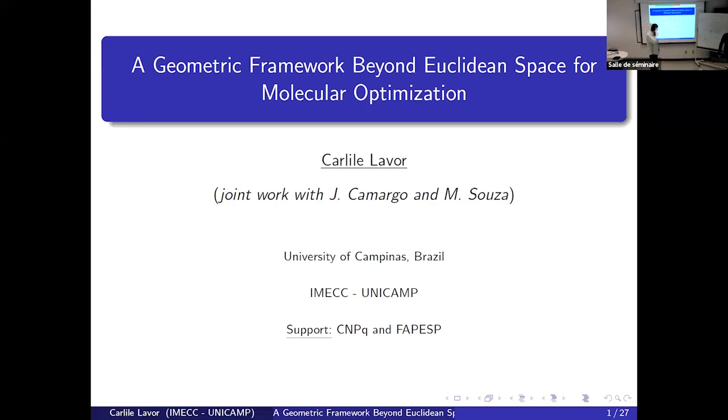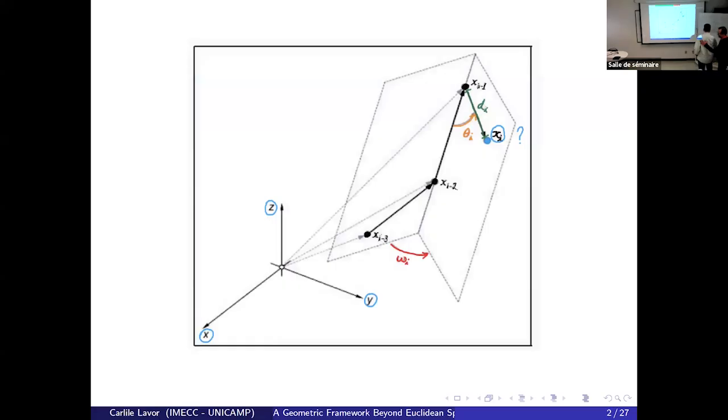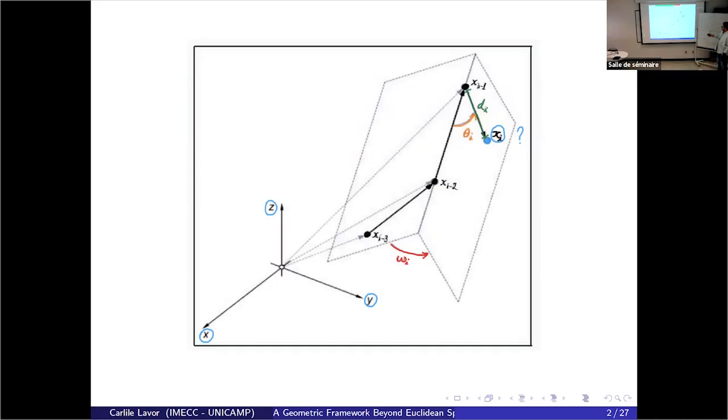So first we have to represent atoms, which we will represent as points in R3. In order to compute interatomic distances, first we have to choose a way to represent the atoms. Instead of using Cartesian coordinates to represent points, we can use internal coordinates, given by the bond length, the bond angle, and the torsion angle.